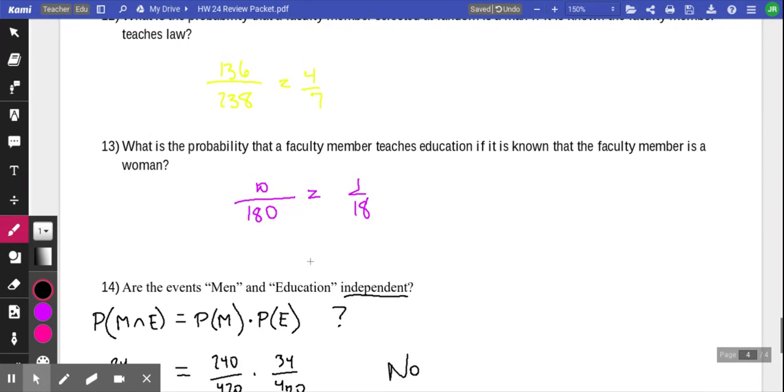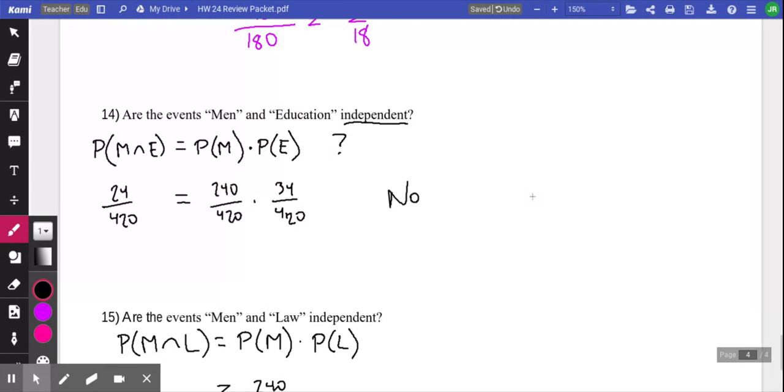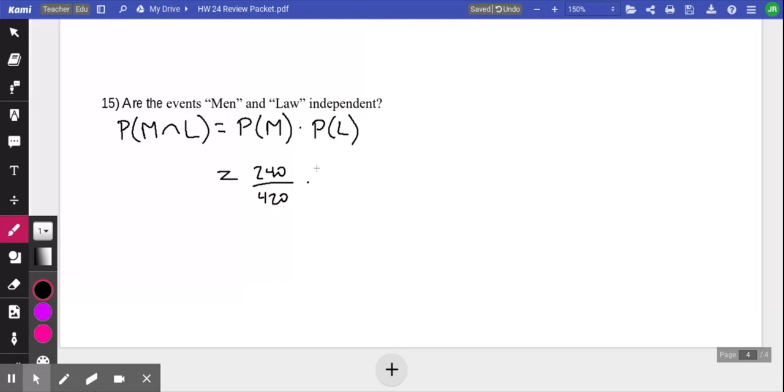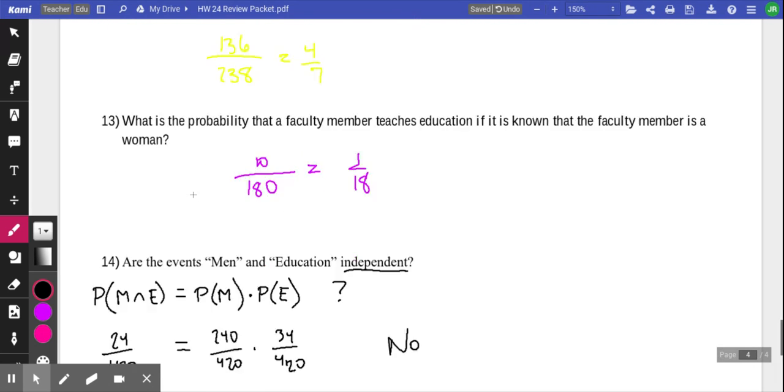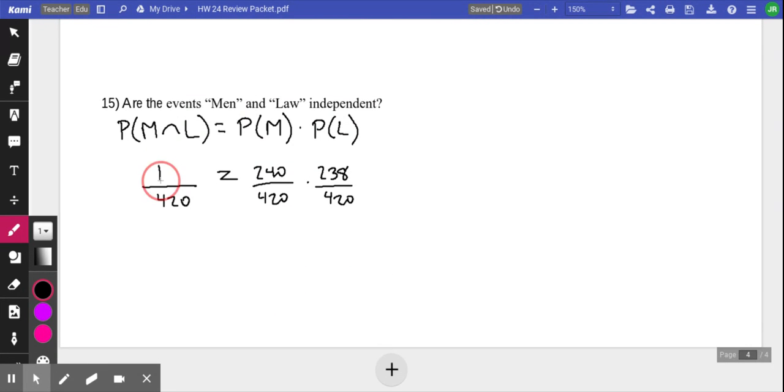The probability of teaching law: there are 238 law professors out of 420. Probability of being a male that teaches law, remember our total is 420, but male and law, that's this one, 136.